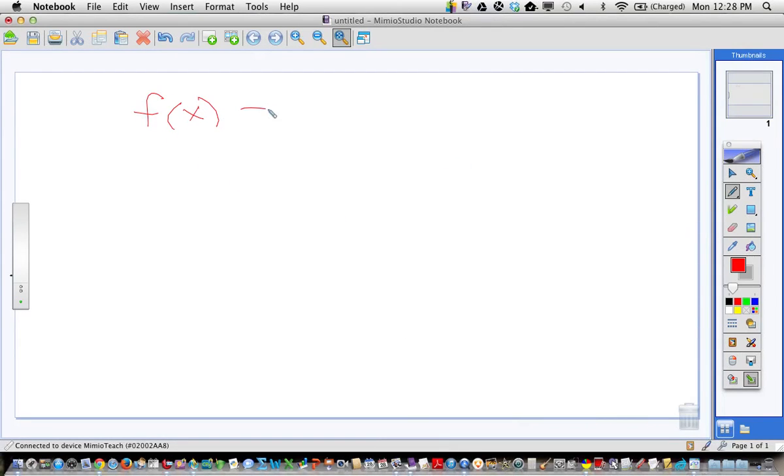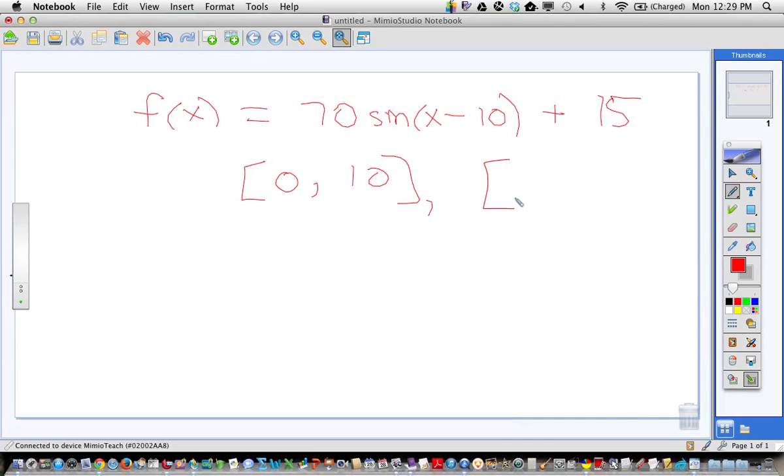Let's say f of x equals, I'll just make one up here, 70 sine of x minus 10, plus 15. Let's say I give you this function and tell you to graph it from 0 to 10 on the x, and the y is negative 60 to 90.